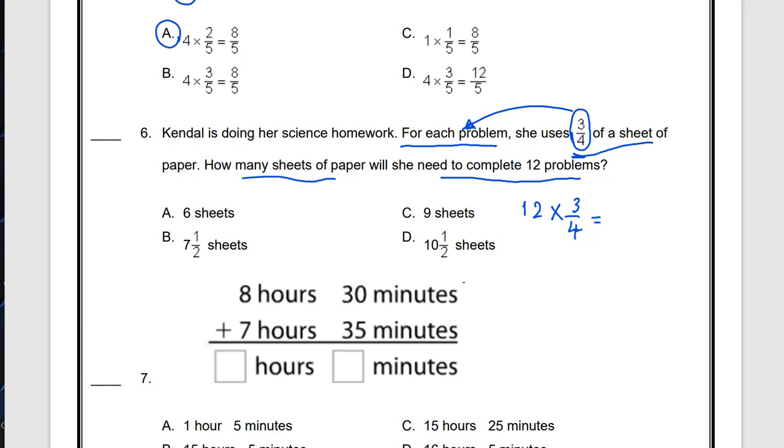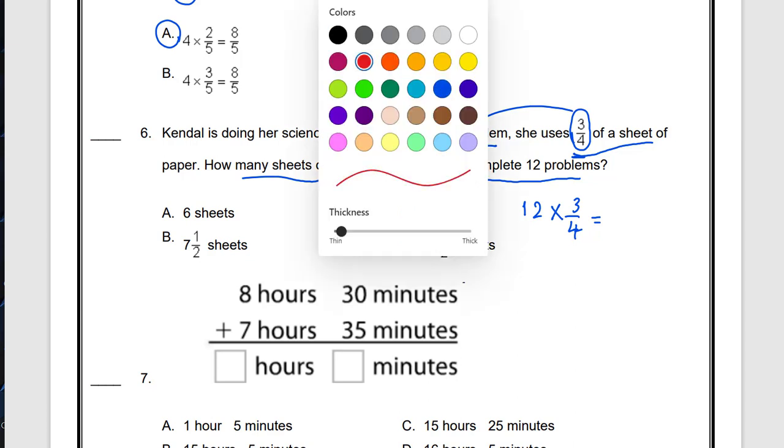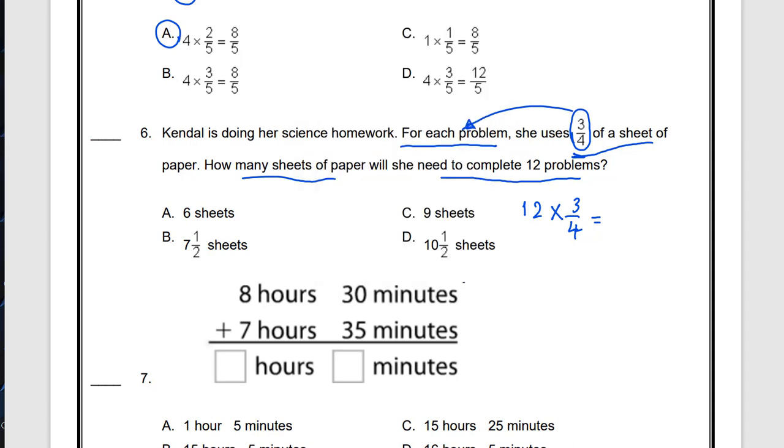12 times 3. Multiply 12, 2 times 3, then 1 times 3. 36. And the denominator?